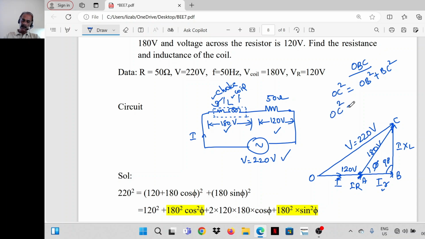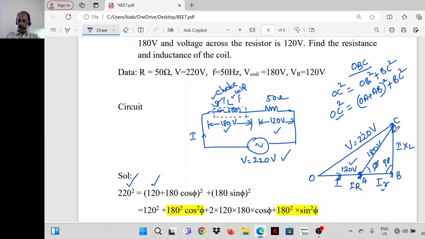So we can write OC square equals OB, which is OA plus AB, the whole square, plus BC square. OC is given as 220 volts, so OC square is 220 square. OA is I into R, which is equal to 120. So that is 120 plus AB.